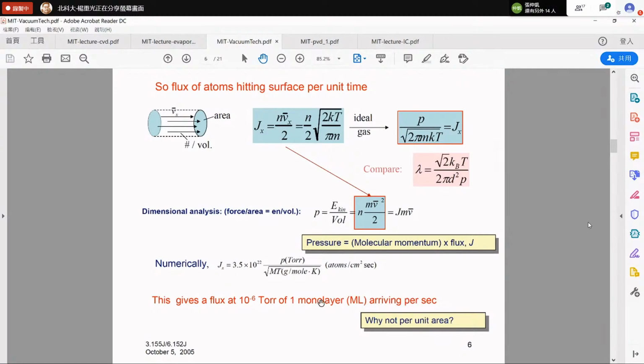So this is quite important. Remember, in semiconductor characterization, we normally operate the vacuum pressure under 10 to the minus 6 torr to confirm the monolayer arriving per second.